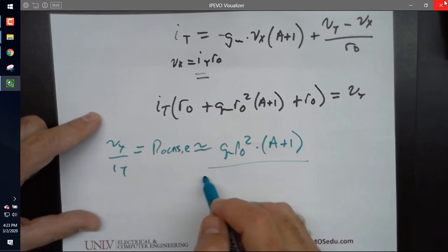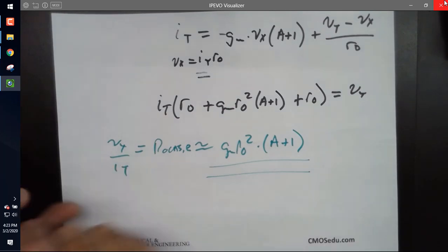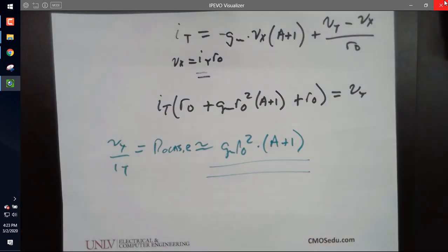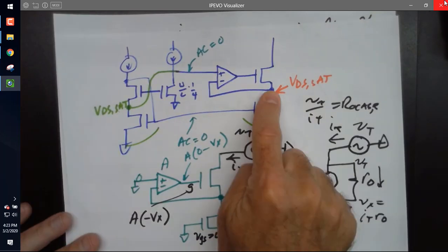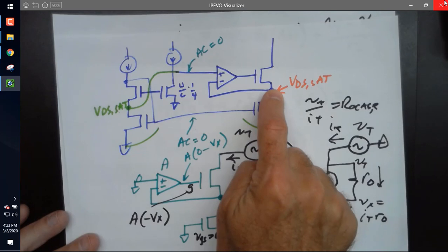Any questions? So the benefit here is if I want a really good current source, then I can use the regulated drain, where what does that literally mean, regulated drain? Yeah, I'm pinning the voltage here. I'm regulating or pinning that drain voltage.